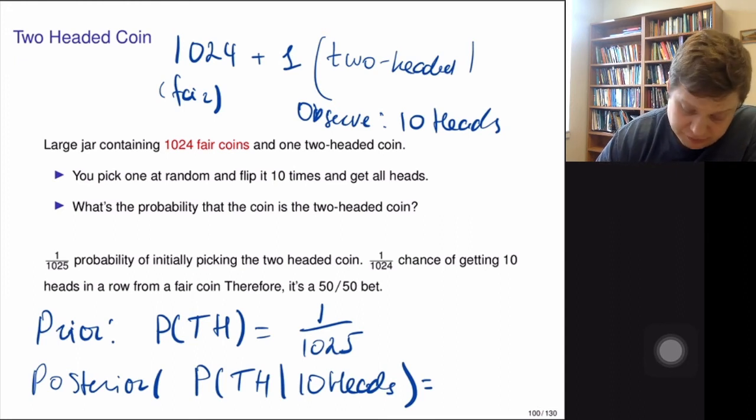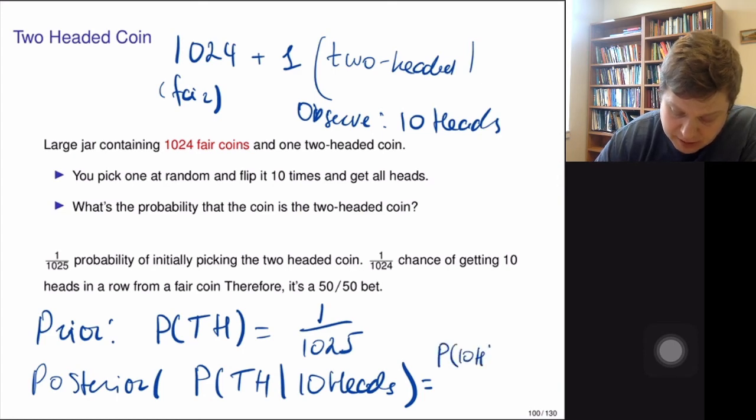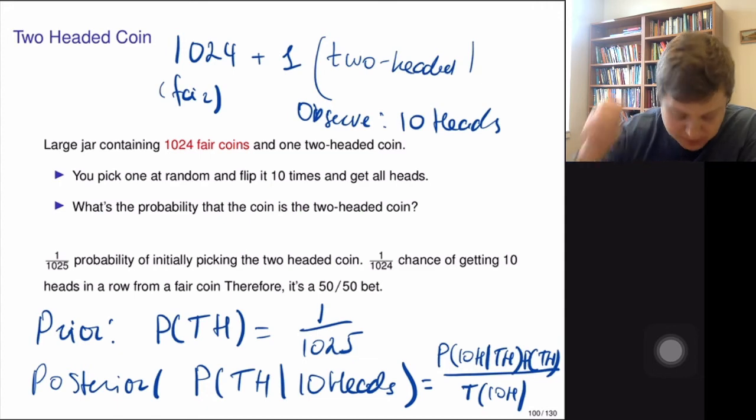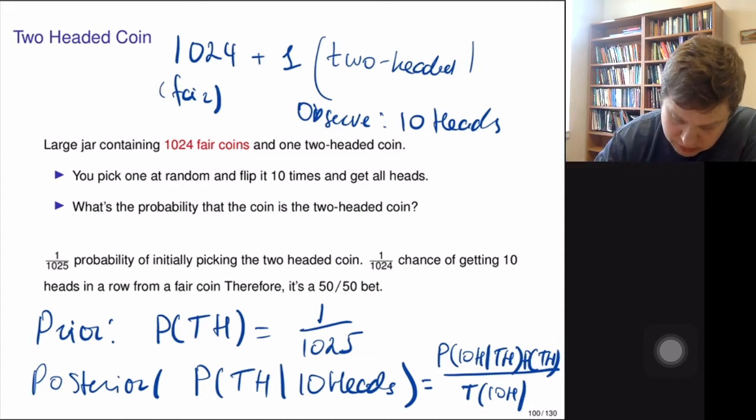And we can do it in a formal Bayes rule way, right? It's going to be the probability of seeing 10 heads, given it's a two-headed coin, times the prior probability of picking a two-headed coin, divided by the probability of observing 10 heads. Well, this one we know.